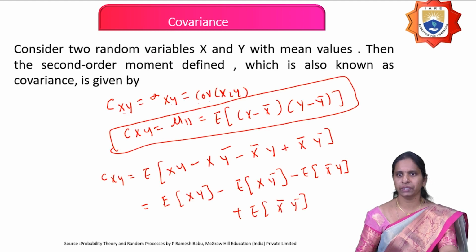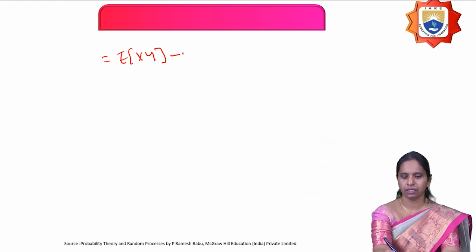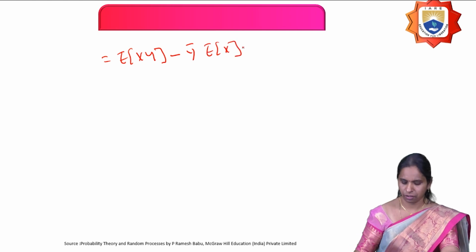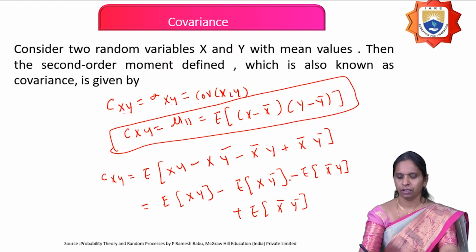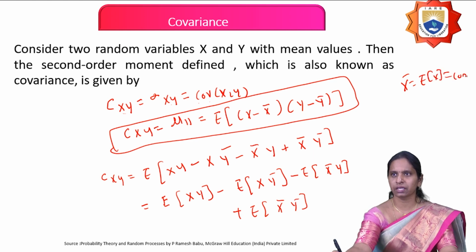So next what do you have here? Minus expectation of x into y bar. What is y bar? It is the mean of y, which is a constant. So you can bring it outside. Then I can write this as minus y bar into expectation of x. What is the next one you have here? Minus expectation of x bar into y. What is x bar? Mean of x, which is a constant value.